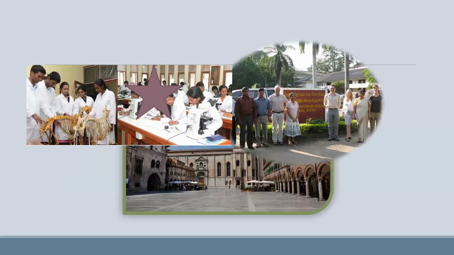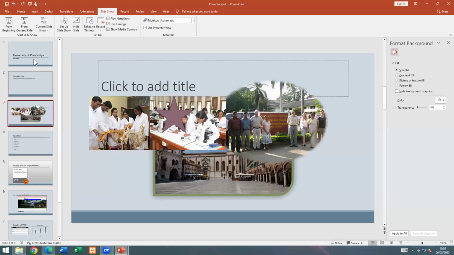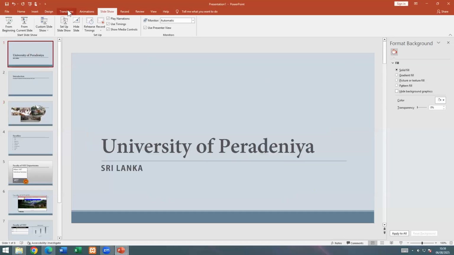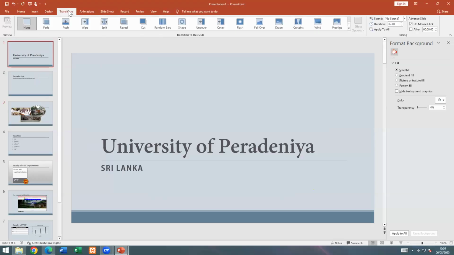Then it will show all the objects on the presentation, and it will quickly appear all the objects in the slides. You can use transitions to move to the next slide slowly or in some kind of attractive way. So you can use these transitions.